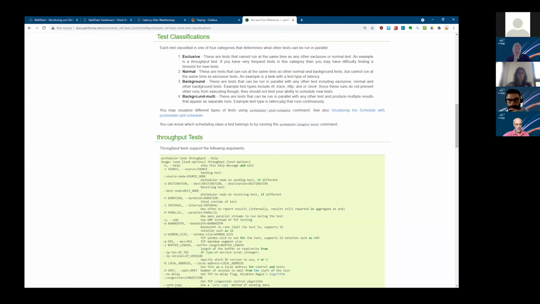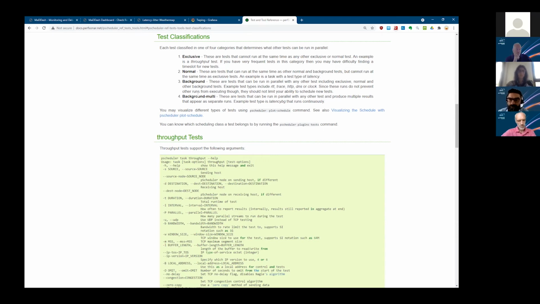The exclusive tests are generally the throughput tests, and they can run only exclusively. They do not allow the run of other exclusive tests or normal tests, but in parallel you can run background tests and background multi-tests.